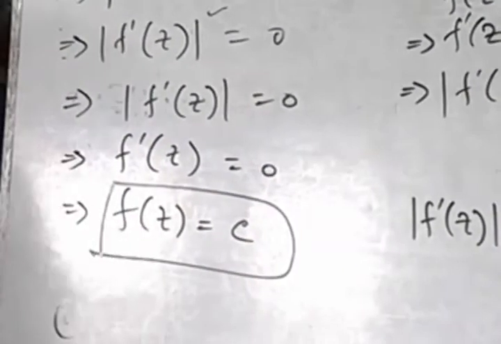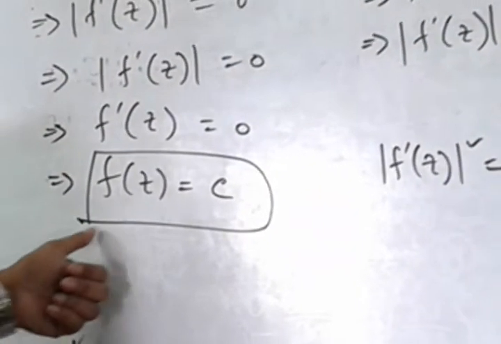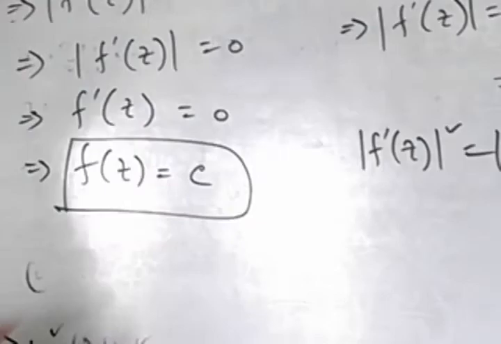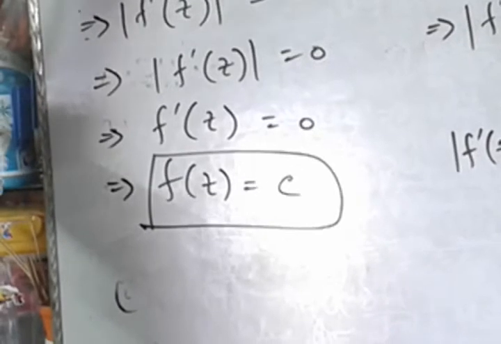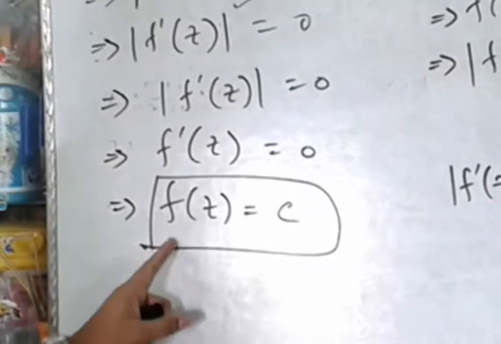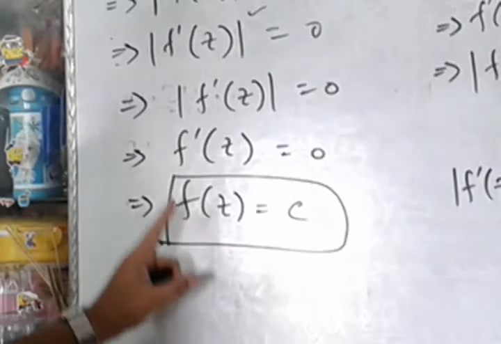So this implies an analytic function with constant modulus is constant. Initially we considered the analytic function and its modulus is constant. So by using that we finally see the analytic function is constant as well. So this is the theorem we have proved today.